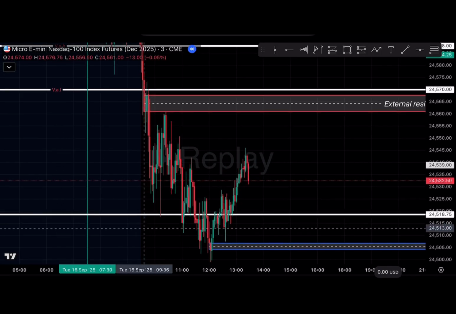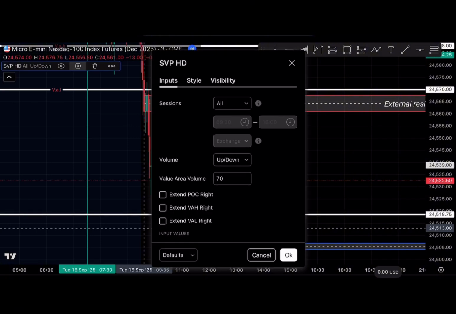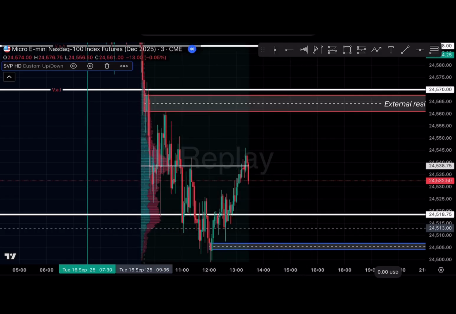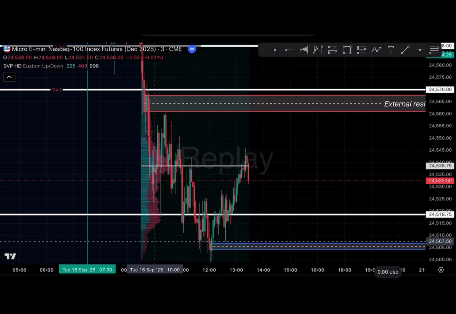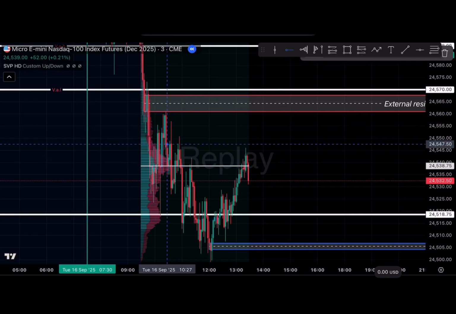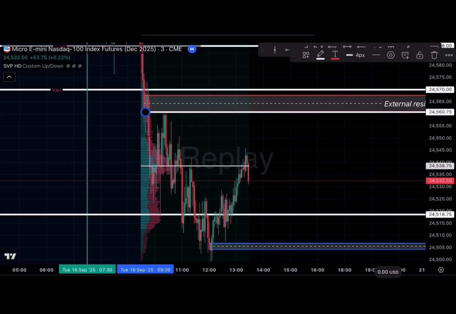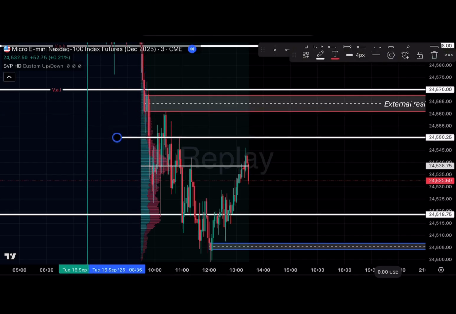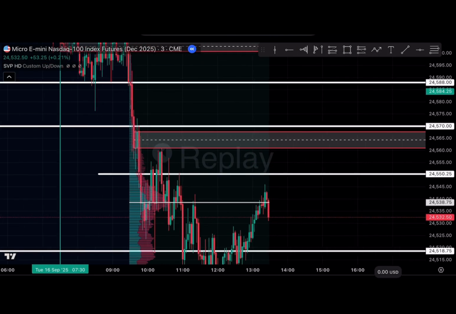Let's load up the volume profile indicator, see how that looks, and we'll put it on at 9:30. Started at 9:45, right? Yeah. So we set it to 9:30. We can see that we have this P node zone here as well. However, the volume profile runs through it, so it's not completely void.